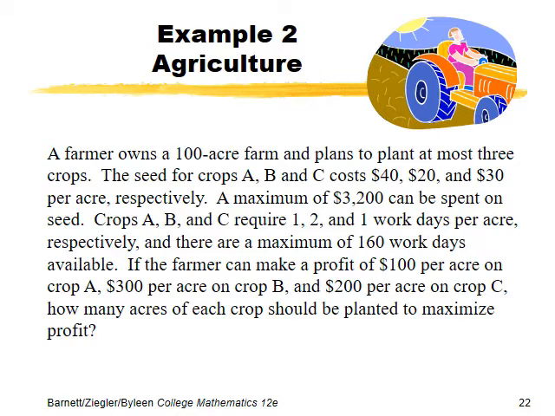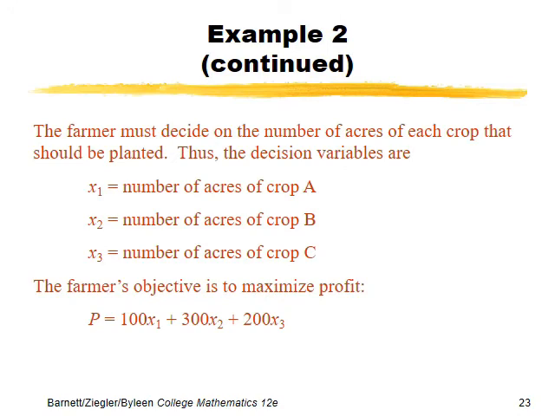Here you can see one example: a farmer owns 100 acres of farmland and plans to plant at most 3 crops. The seed for crops A, B and C costs this. So he wants to maximize his profit. When you formulate this problem, x1 is crop A, x2 is crop B, x3 is crop C, and the farmer's objective is to maximize his profit.